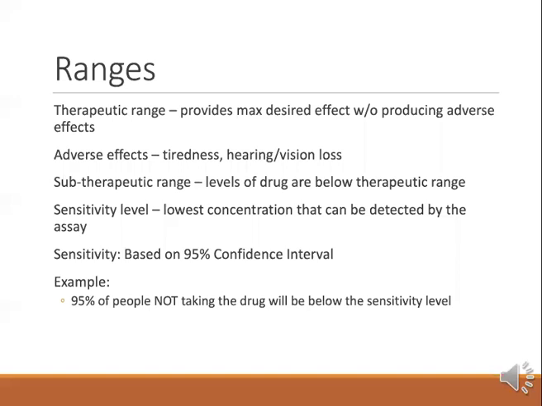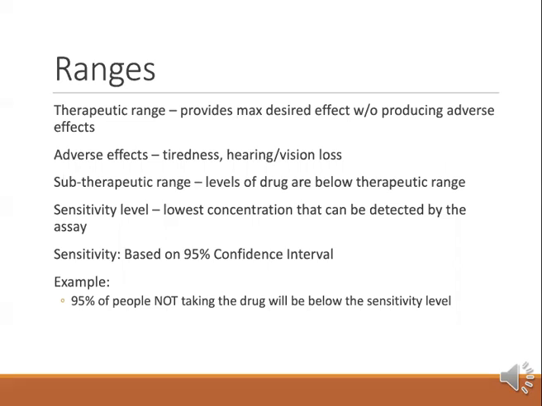So what are the ranges? Therapeutic ranges are the ones that provide the maximum desired effect without producing any adverse effects. Adverse effects, you know what they are. It would cause the patient to feel very tired, and it can get very complicated where the patient can lose hearing or vision. A subtherapeutic range are the levels of the drug that are right below the therapeutic range.